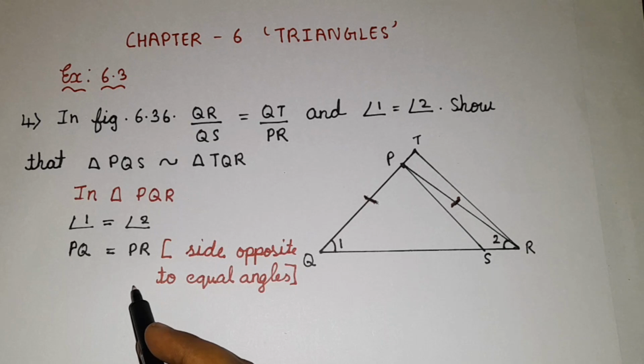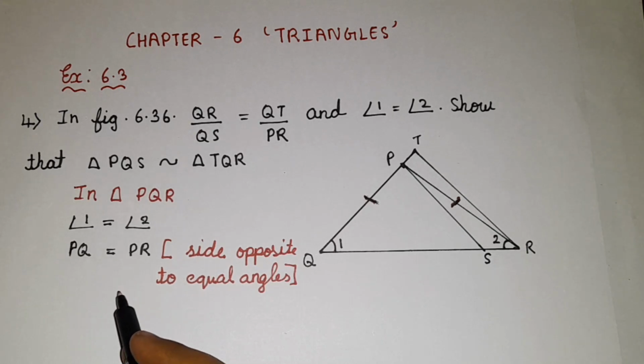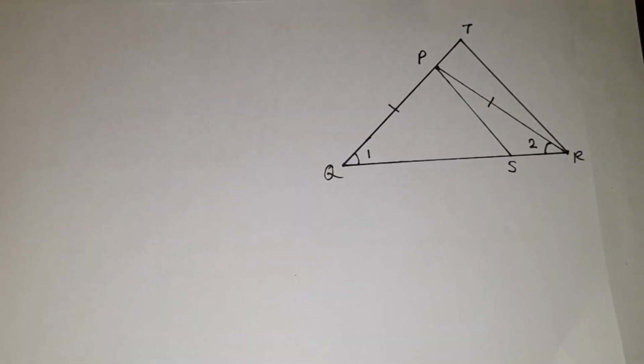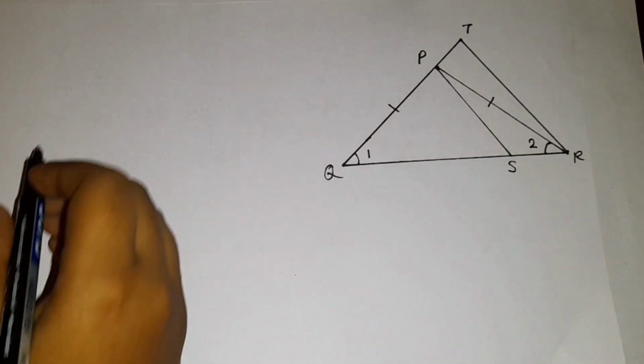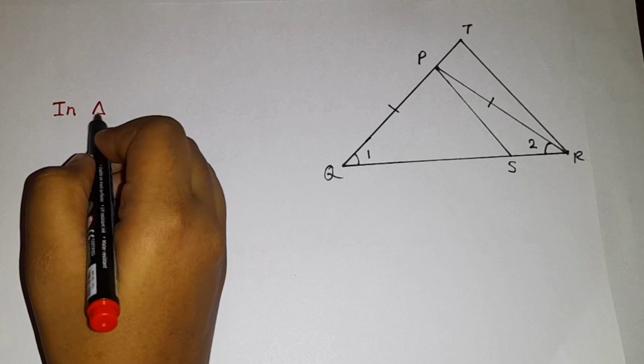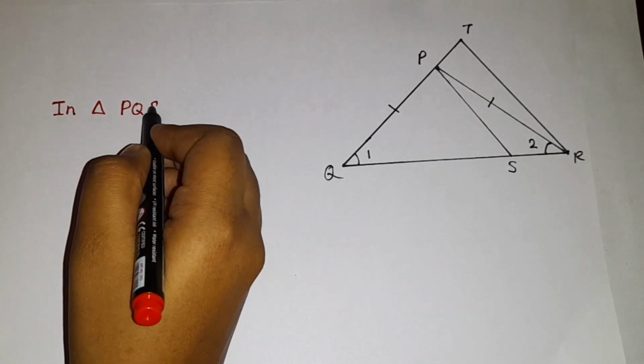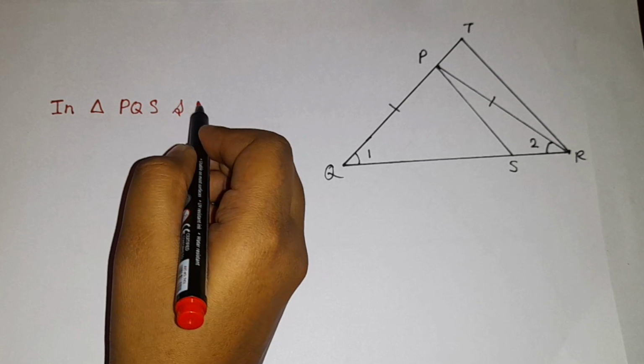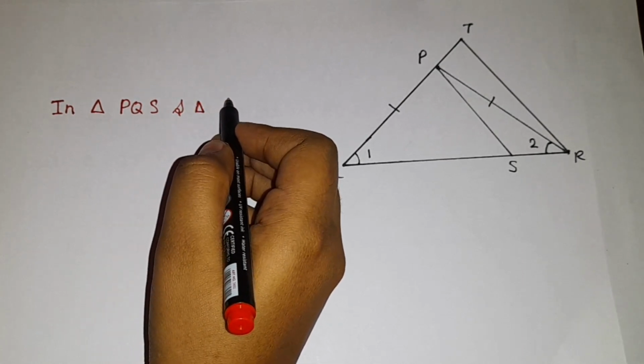So now let us get into the actual answer. I am going to be taking two triangles. From now on, we are going to be using the criteria, then only we can prove it is similar, am I right? So now let us write in triangle PQS and triangle TQR.